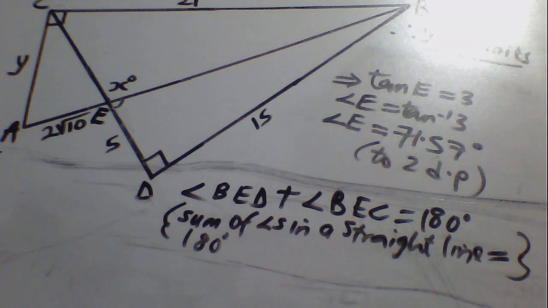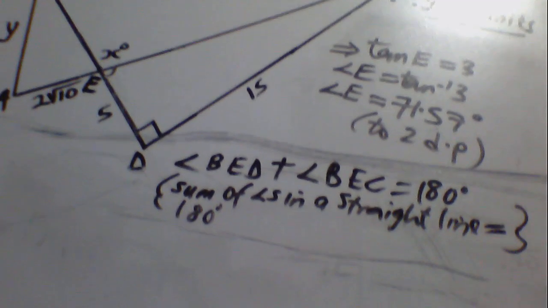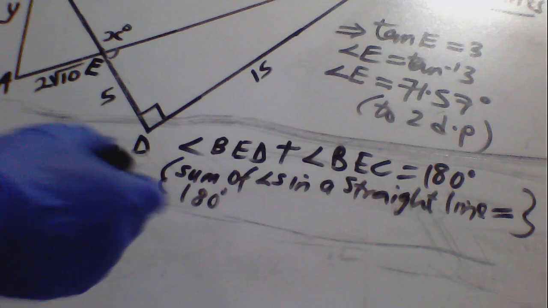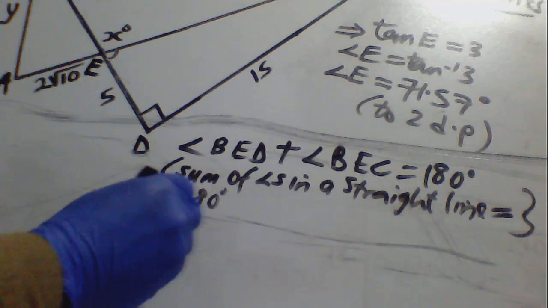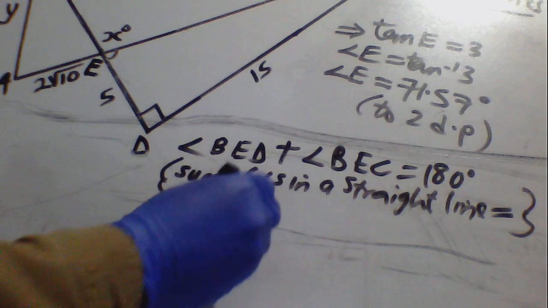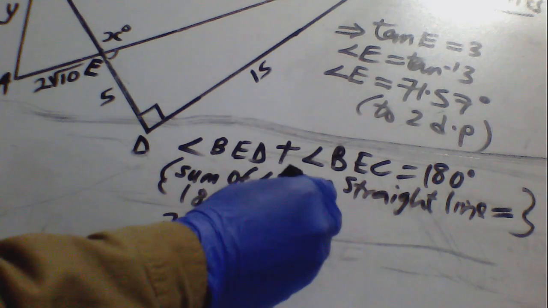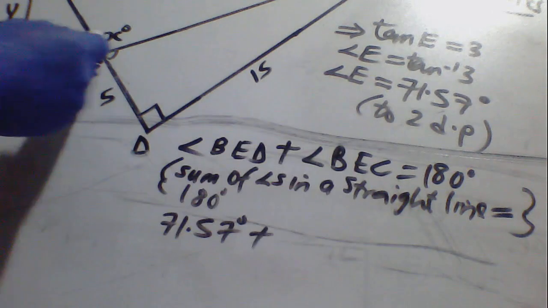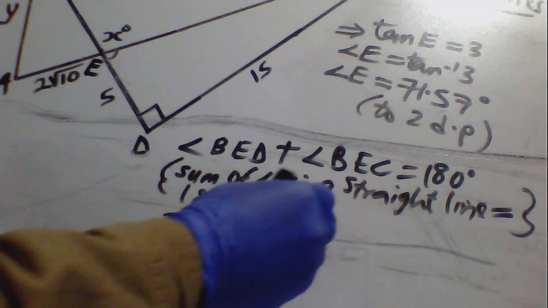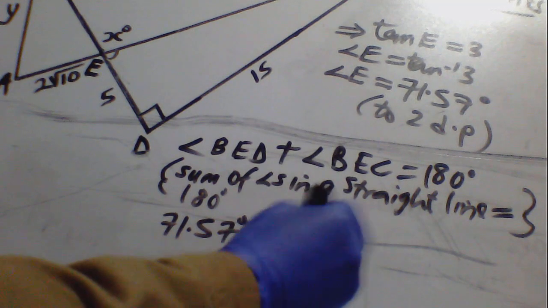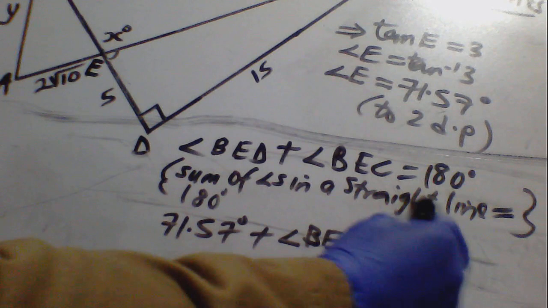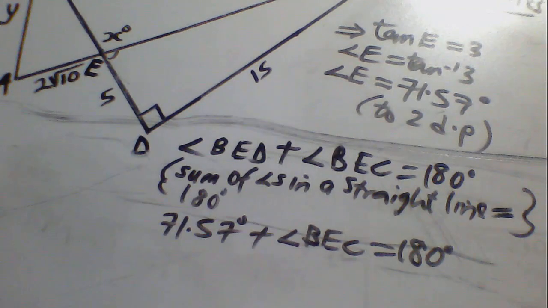So once you have stated the reason, the next is to substitute the values. So you have gotten that BED is 71.57, plus, mind you that this angle here is angle x, but let's continue with it, plus BEC is equal to 180 degrees.